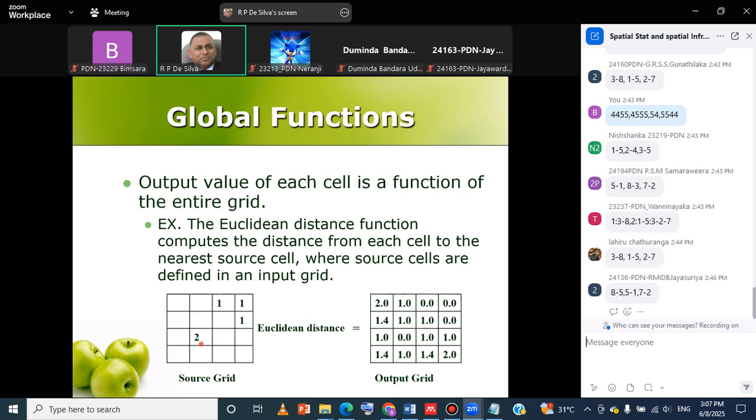Euclidean distance and Manhattan distance vary when you are not in the north-south or east-west lines. So from here, it is not east, west, or north, south, so then you have to change that value.